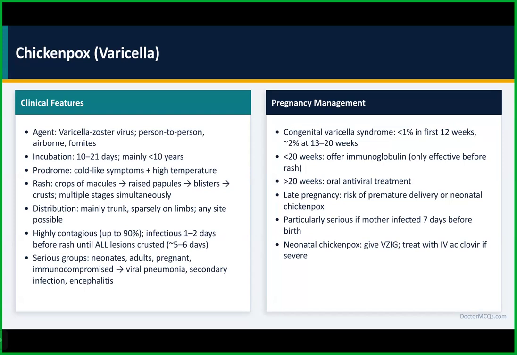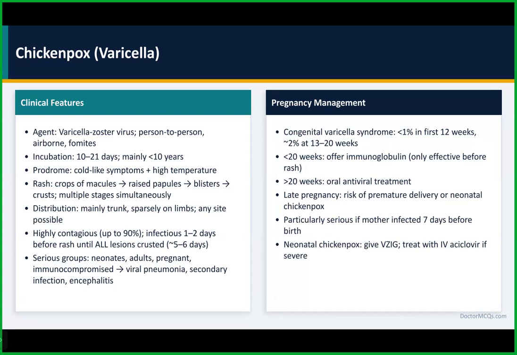Distribution is mainly the trunk, starting from the center like scarlet fever, then on the limbs. It can be anywhere, but mostly starts from the center of the body. It is highly contagious: 90% of people who are in direct contact for at least 15 minutes are going to have chickenpox.